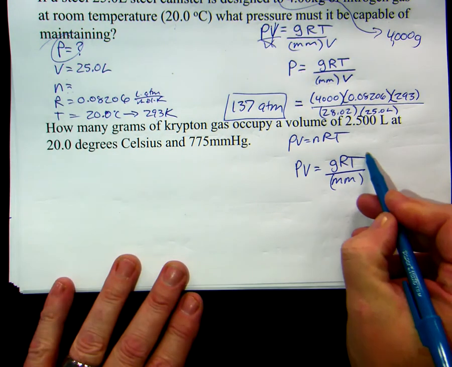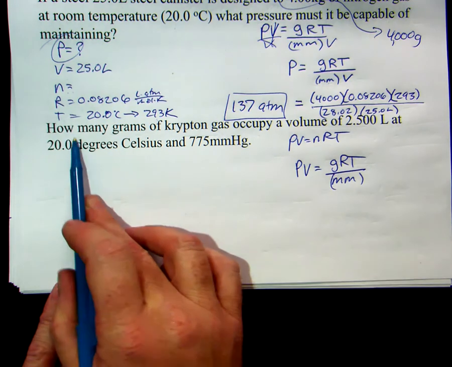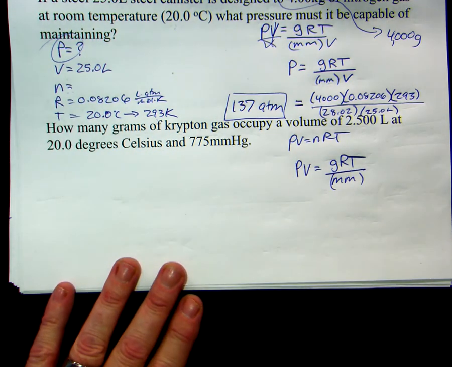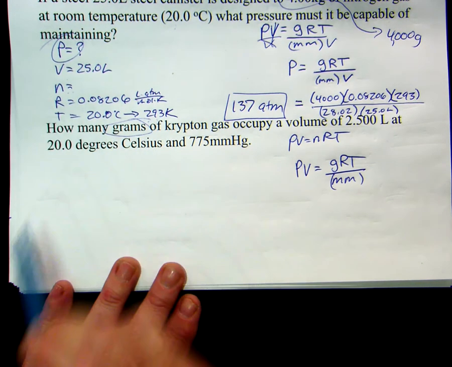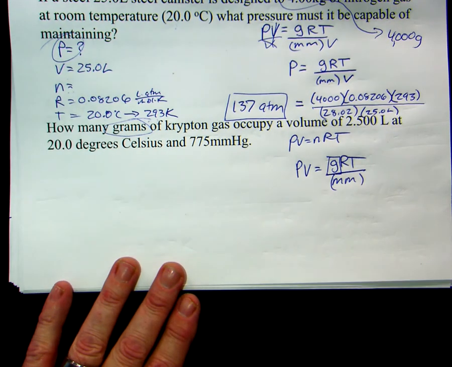So perhaps you'll see the method to my madness here. This question says how many grams of krypton gas, and then gives you some parameters there, but it's asking you to solve for grams. So here's my grams I'd like to solve for.